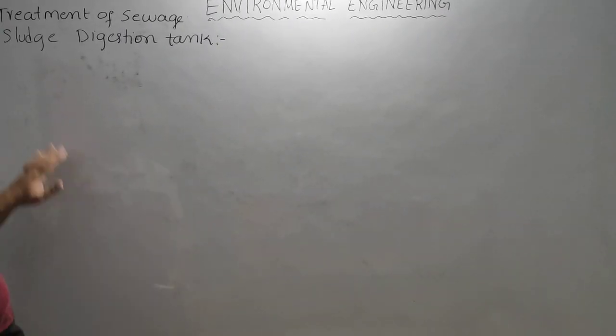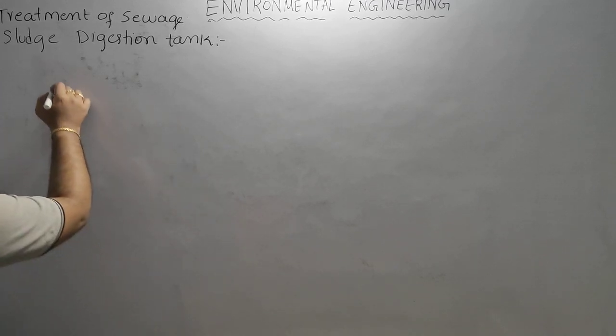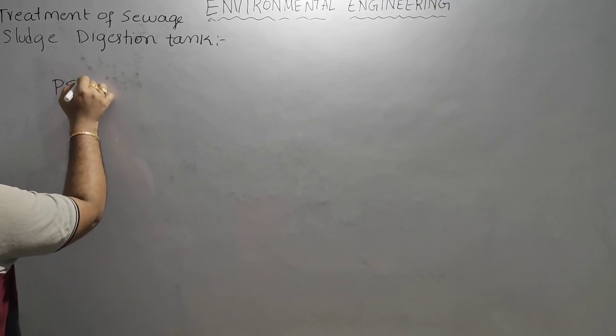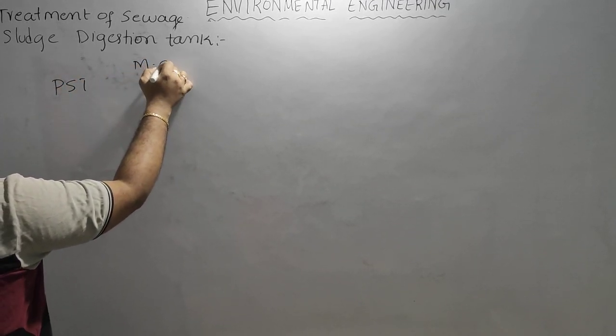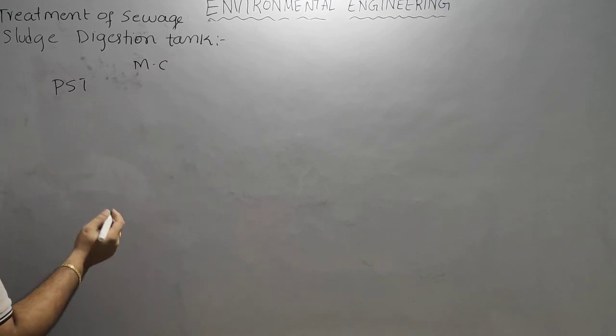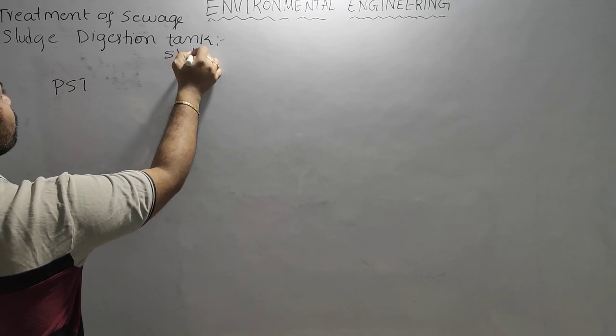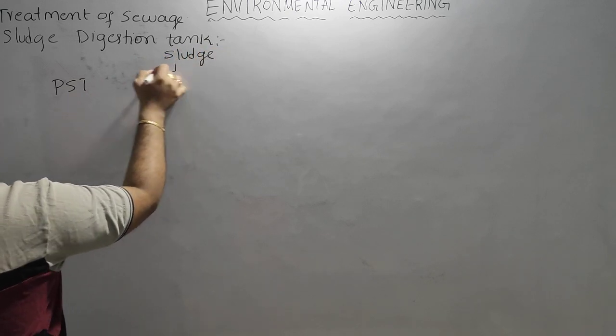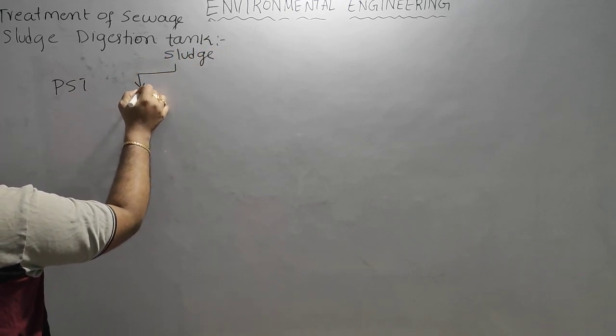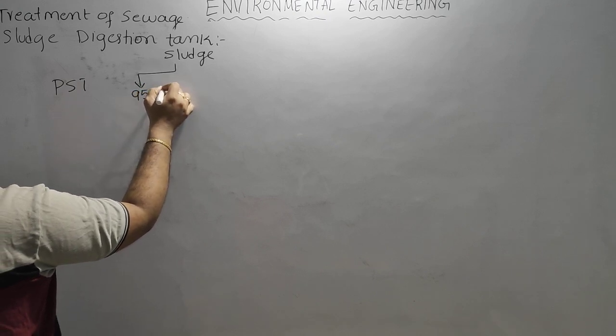Generally, if you look at the primary sedimentation tank, it will have a moisture content. In that sludge, whatever the sludge that is being generated, 95% is moisture, that is water.